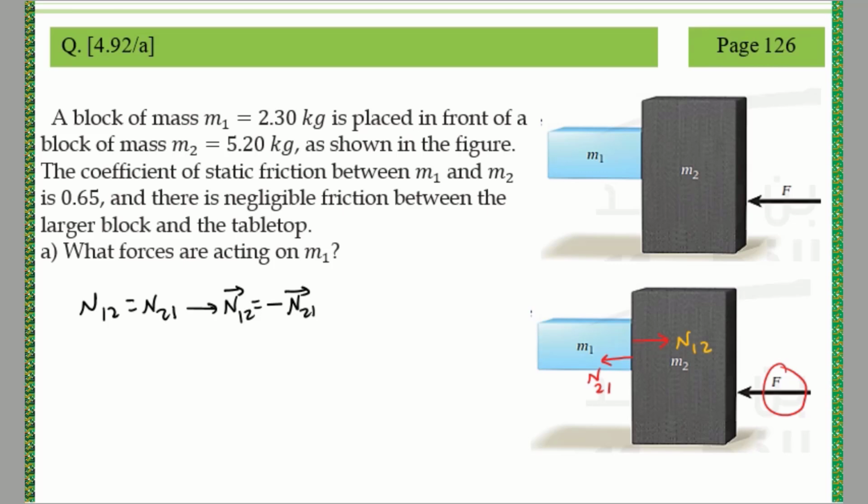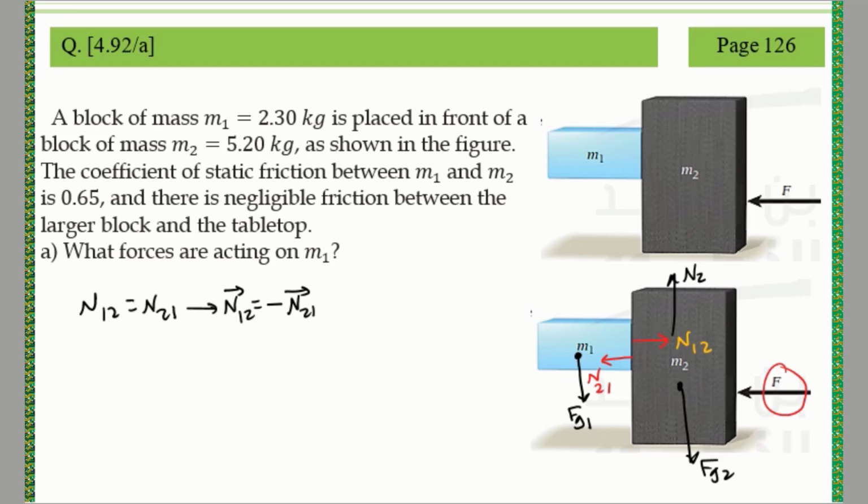Now, what other forces are in our system? We have Fg2 here, downward, and a normal force on M2 from the table up here, N2. And we have the weight of M1 downward, Fg1. That's it.